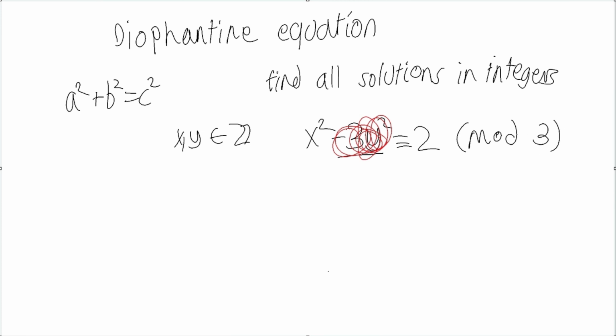However, this should immediately ring a bell from the last video, because remember that x^2 ≡ 2 mod 3 doesn't have any solutions for x. The square of an integer can never be equivalent to 2 mod 3. So by taking modulo 3, we got a contradiction, so no x and y exist.